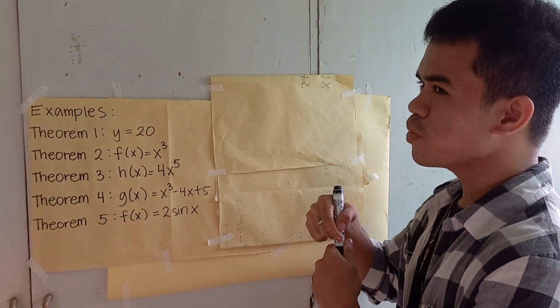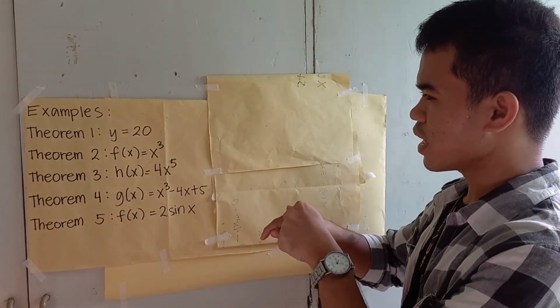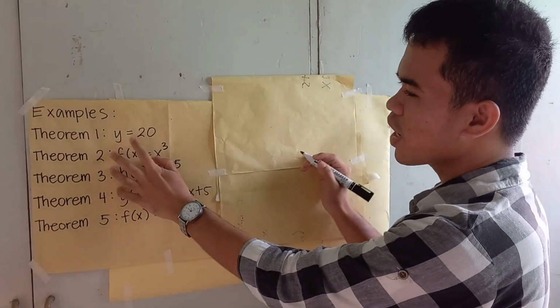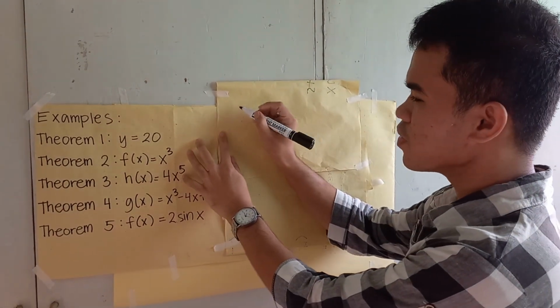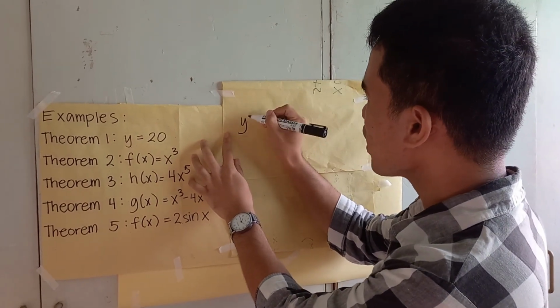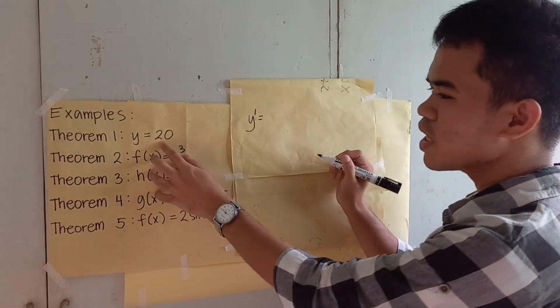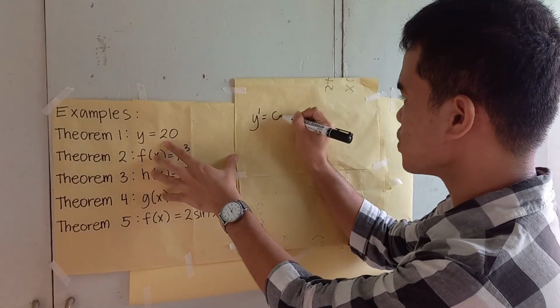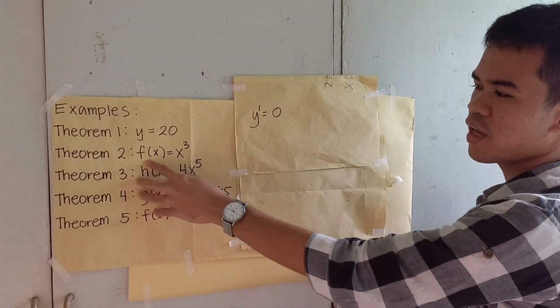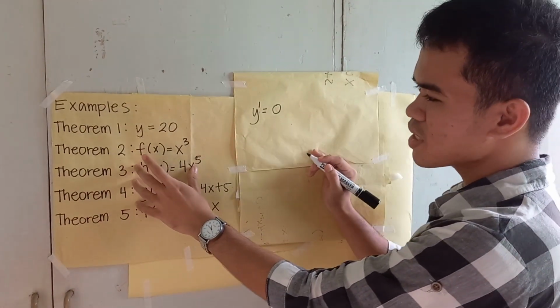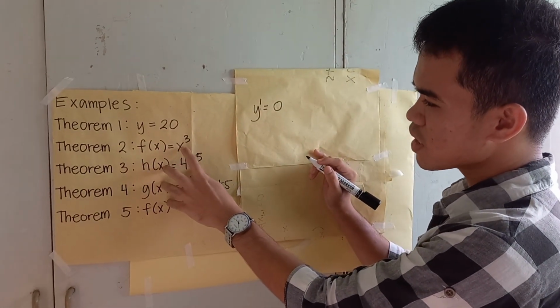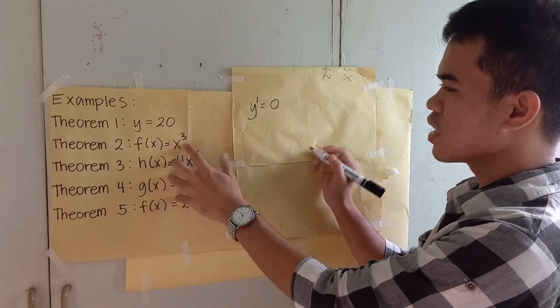So for theorem 1, the constant rule, the given is y equals 20. The derivative is y prime equals, since 20 is a constant, automatically 0. For theorem 2, the power rule, the given is f of x equals x raised to the power of 3.